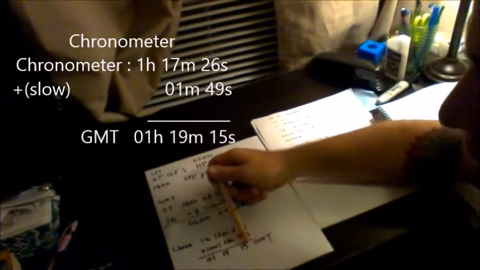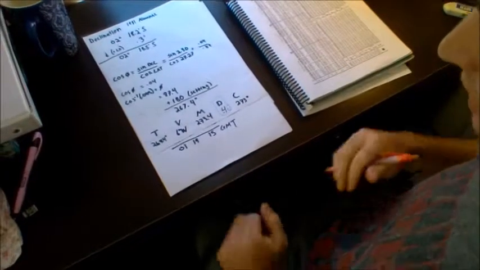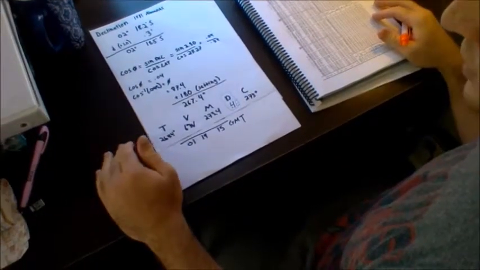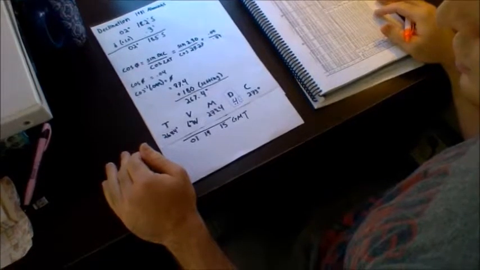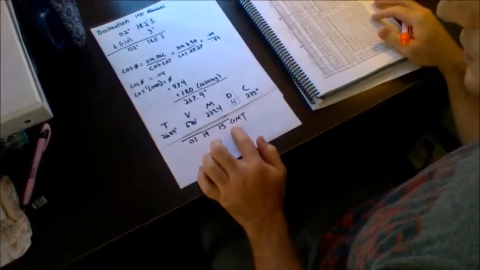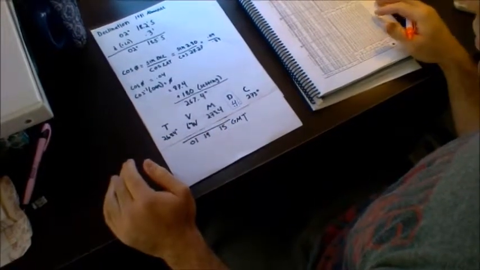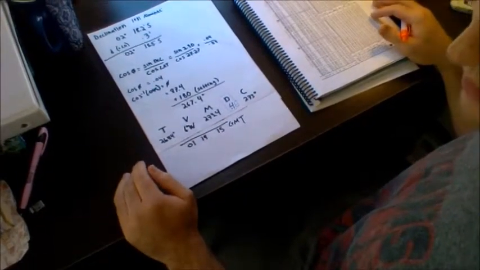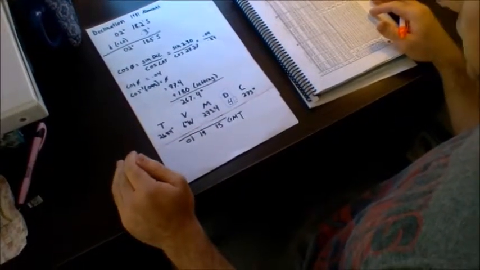This is the number that you take and go into the Nautical Almanac with. Now that we have our time of GMT, which is 01 hours, 19 minutes, and 15 seconds, we go into the date, which is the 29th. Don't forget, we went ahead a day.